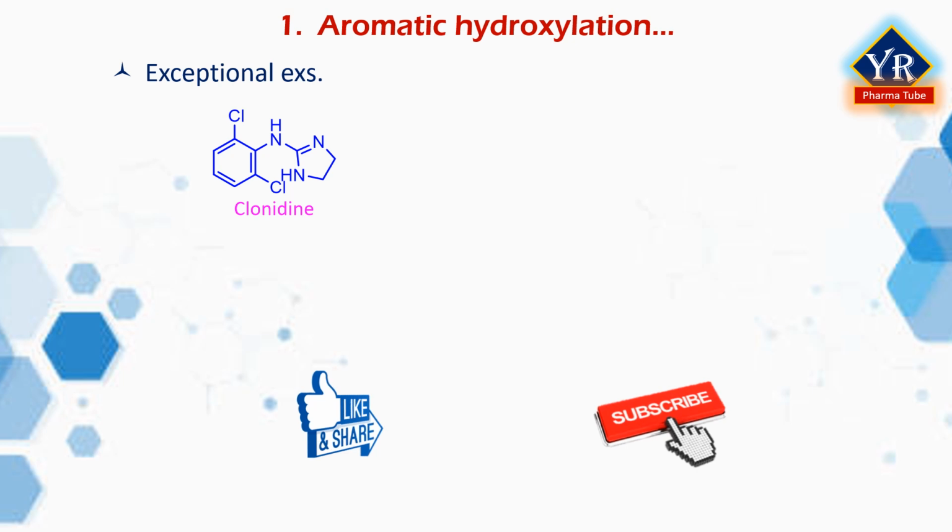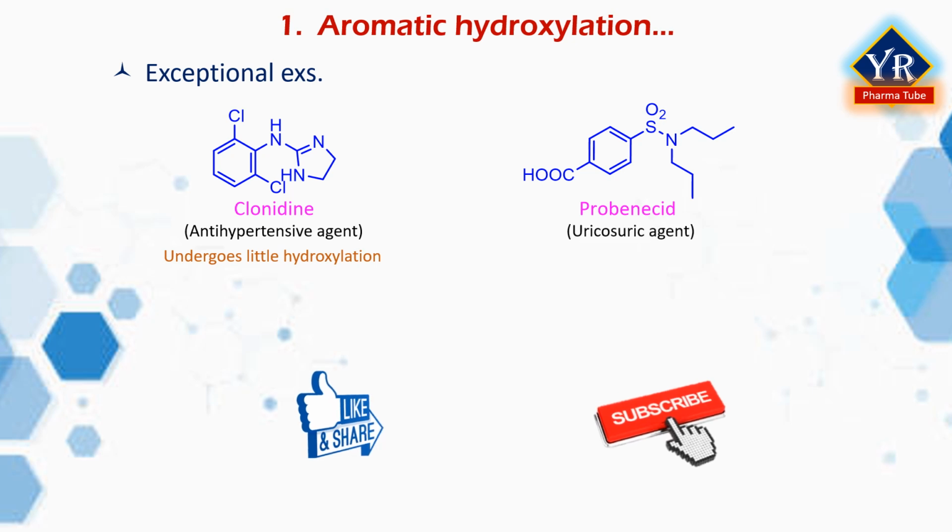Clonidine, an antihypertensive agent, undergoes little aromatic hydroxylation as the ring is deactivated due to the presence of 2 chlorine atoms. Probenecid, a uricosuric agent, does not undergo aromatic hydroxylation as the aromatic ring is deactivated.